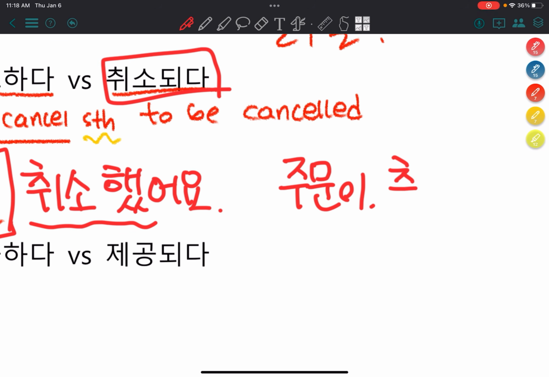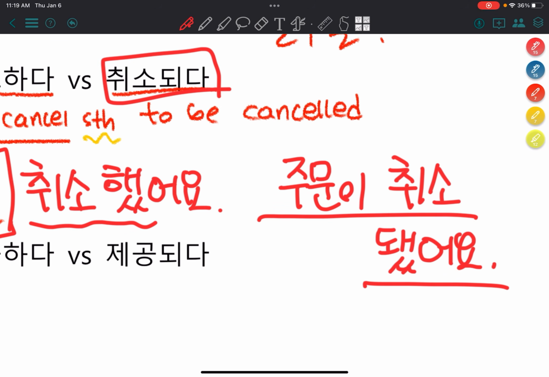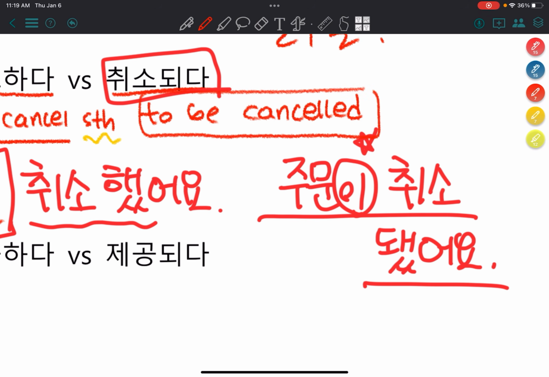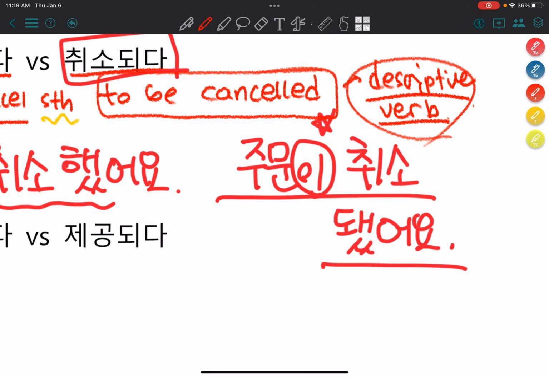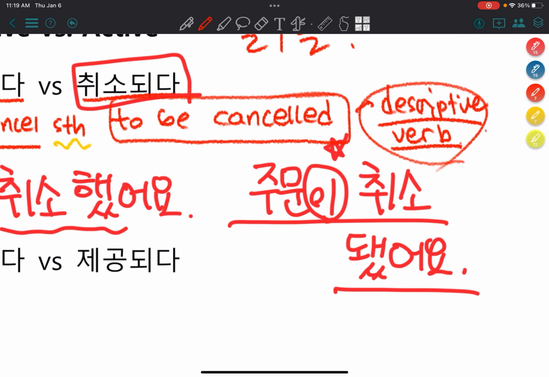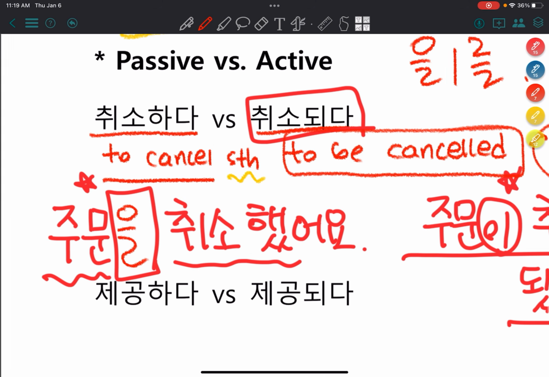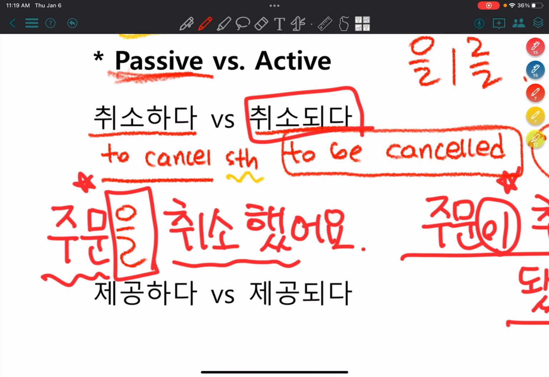To be cancelled. 주문이 취소됐어요. 주문이, not 주문을, right? So these passive verbs are also called descriptive verbs, because you describe the state of the subject, right? So descriptive verbs, like we learned, do not require any object, so it makes sense why passive verbs cannot have an object marker.